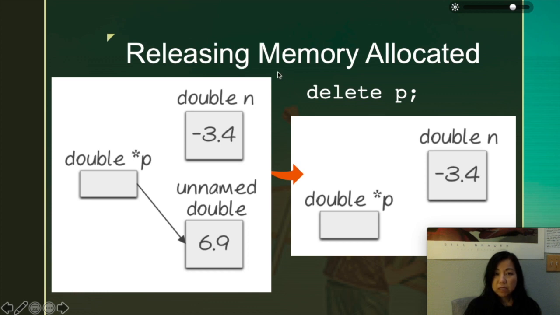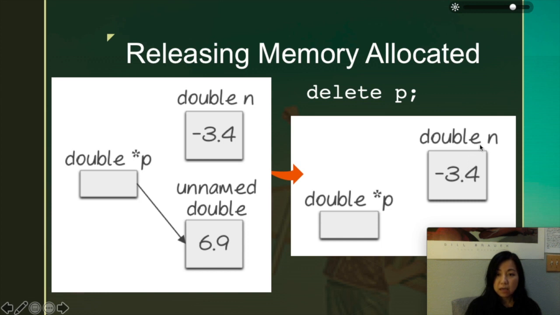To release the memory that P has currently allocated, because it is right now pointing to an unnamed double, delete P will work. It will release this memory space. It just goes back to the heap, and P will then not point to anything right now.